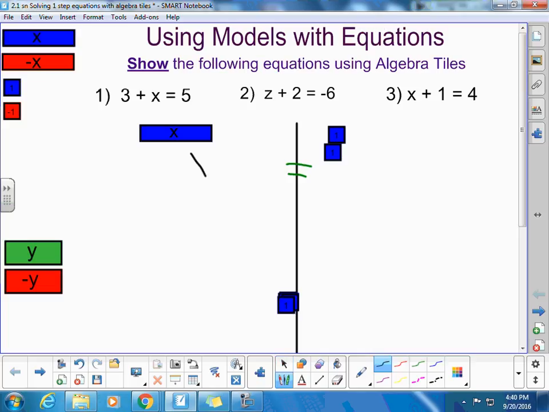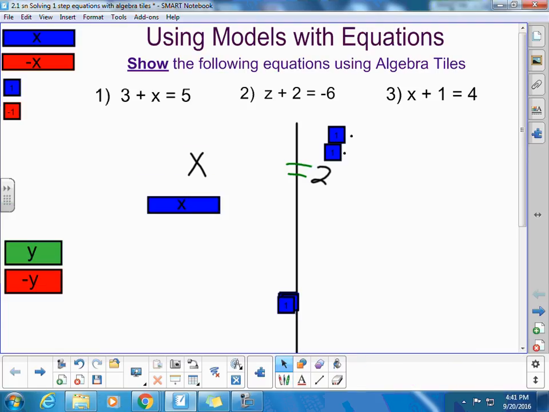I got down to just plain old x, and it equals 1, 2, so x equals 2. So the answer to this is x equals 2. Now realistically, what we did is we took 3 away from both sides, which left us with x equals 2.